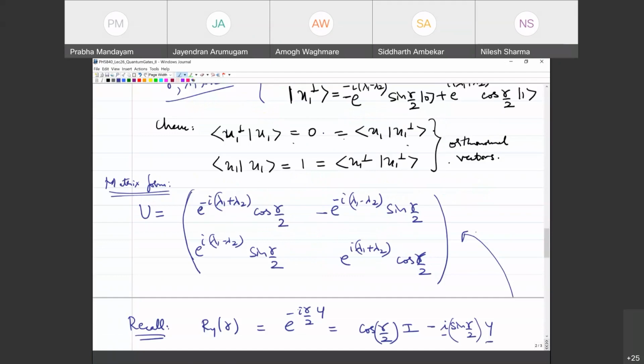Cos, minus sine, sine, cos. So now what's the final step to show that you can decompose it as a sequence of Z and Y rotations? What remains to be done? What is the Z rotation matrix?